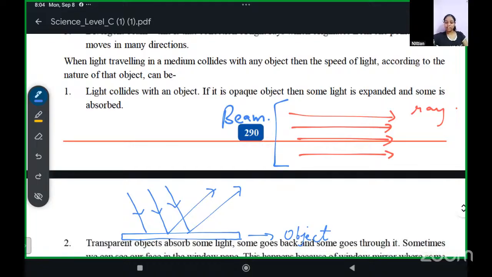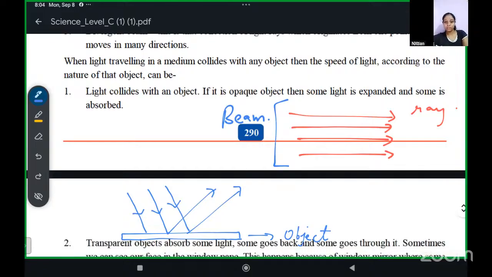Ma'am, I think there is something wrong here. When light collides with an opaque object, some is reflected and some is absorbed. It depends on the color. If it is red, blue, or any color like the rainbow colors or green, some of the light will get reflected from it, but some of the light colors are absorbed.